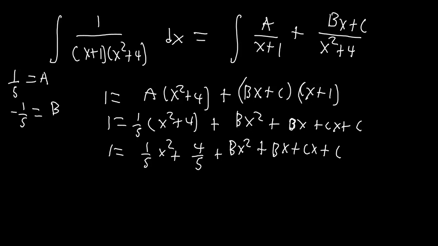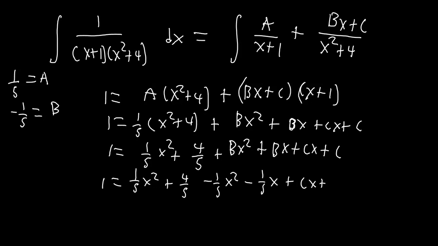So since b is equal to -1/5, we can now have this equation right here. Let me write that a bit better. There we go. Plus negative 1/5 x plus cx plus c.